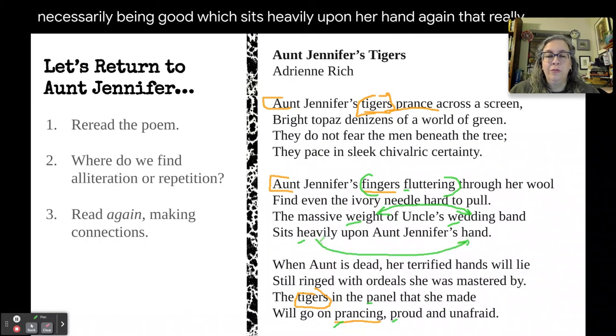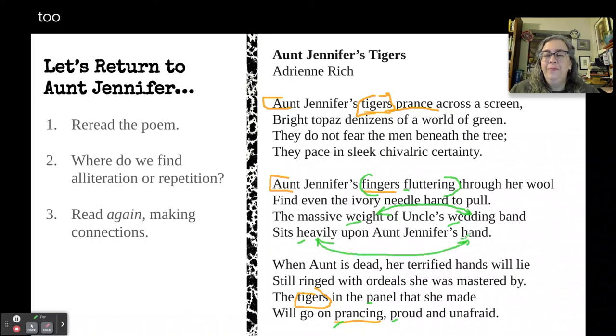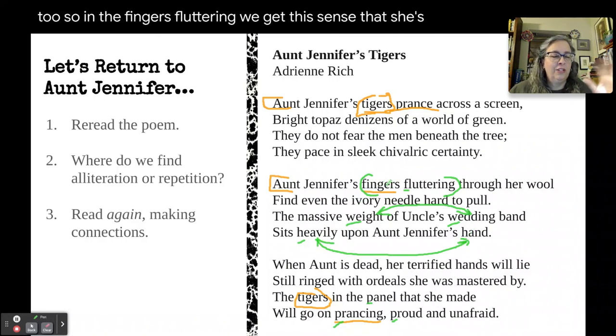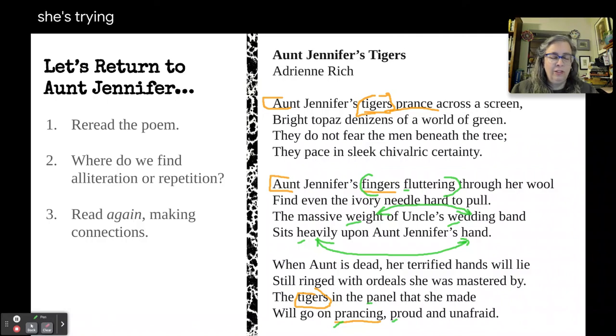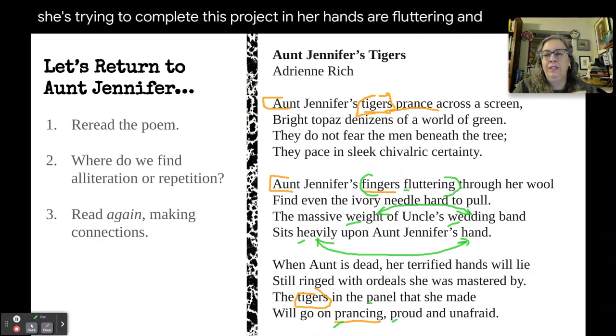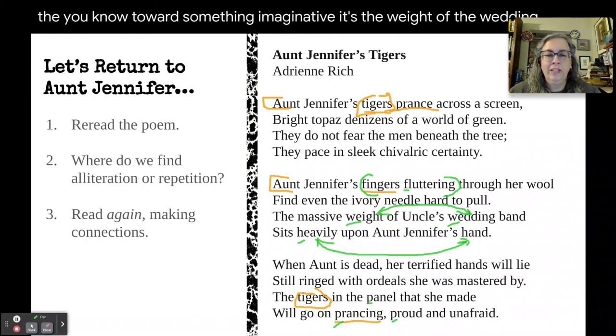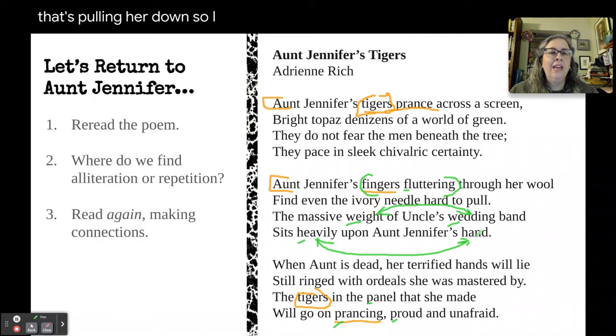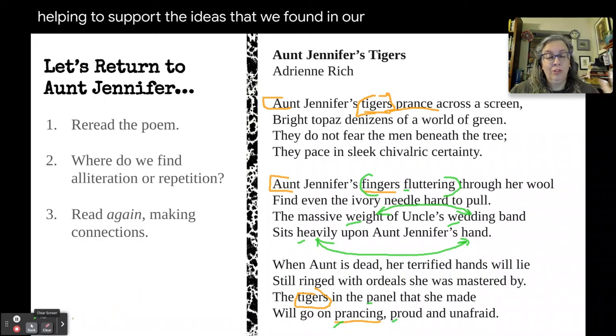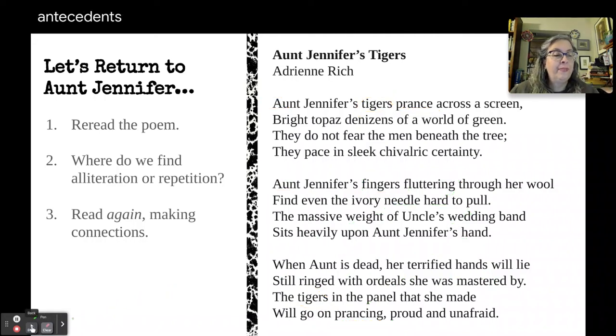Again, that reinforces it too. And with the fingers fluttering, we get this sense that she's trying to complete this project, and her hands are fluttering towards something imaginative. It's the weight of the wedding band that's pulling her down. So again, we have alliteration and repetition helping to support the ideas that we found in our look at reference and antecedents.